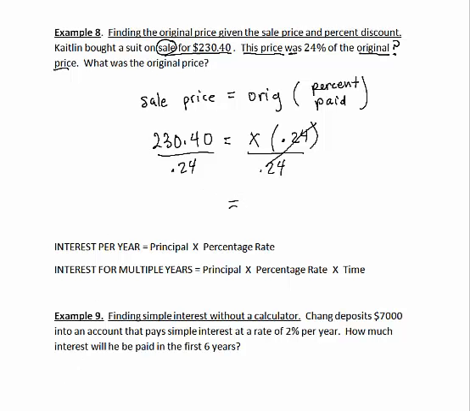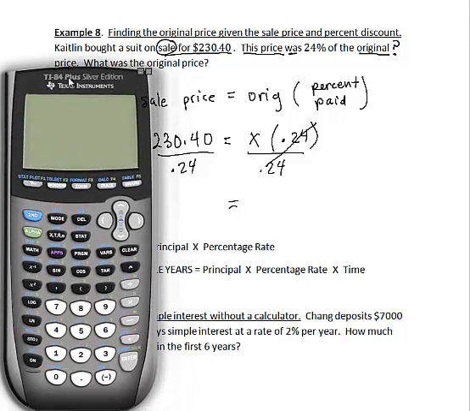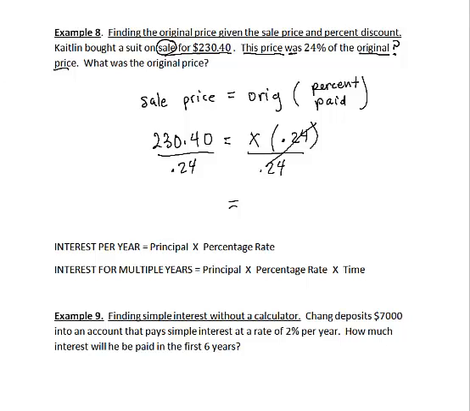Pull up our calculator, and we type 230.4 divided by 0.24, enter. We get 960.